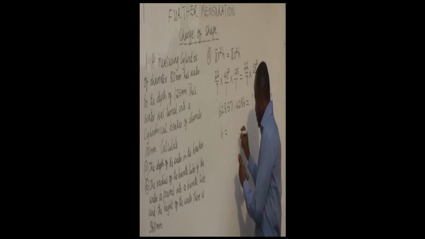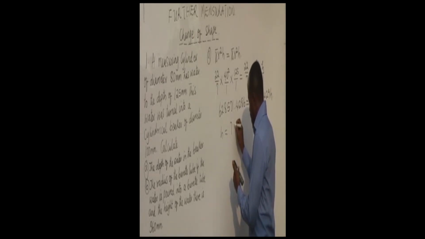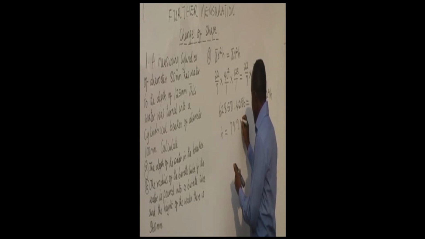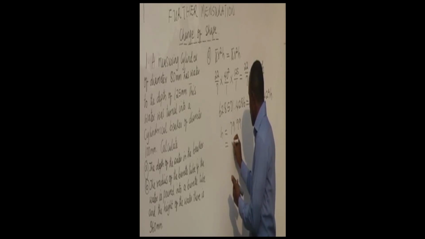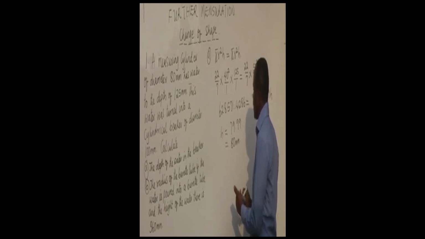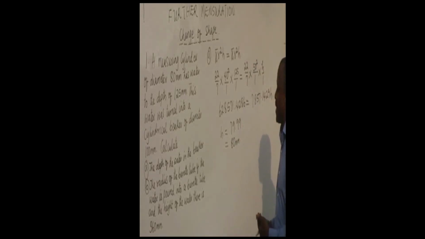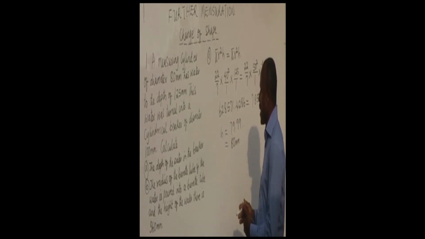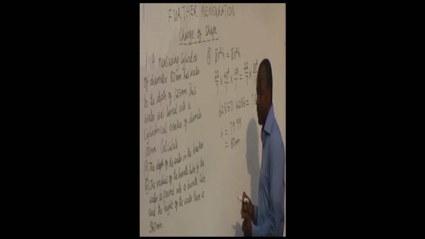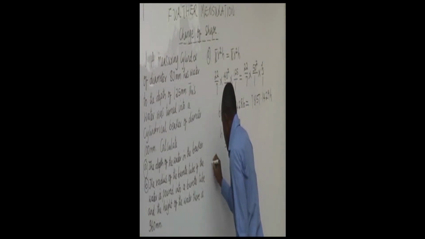It's giving us 79.9999 recurring, which is approximately 80 millimeters. That is the height of the beaker the water from the cylinder was poured into. Question number B.